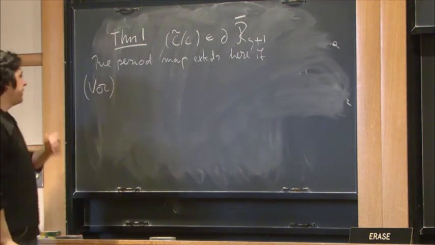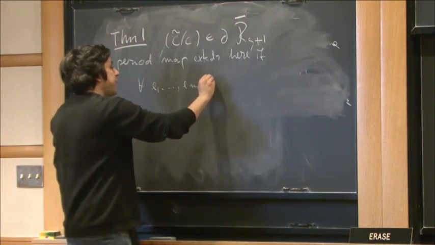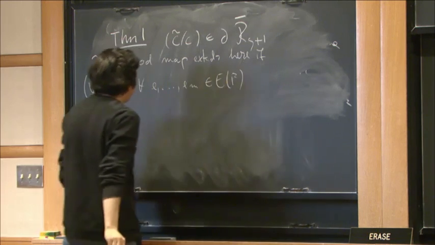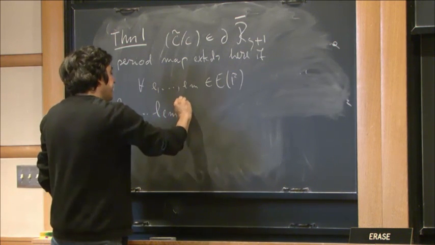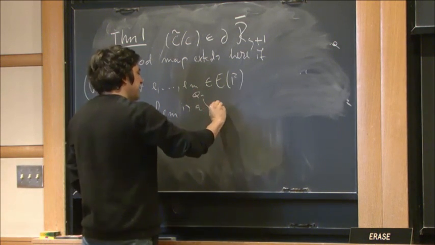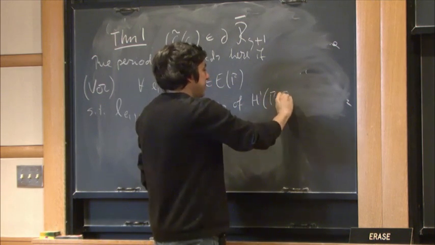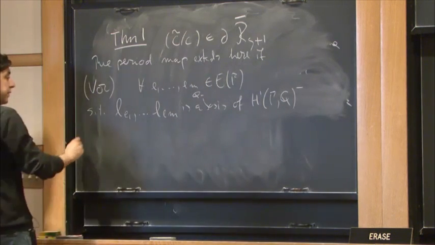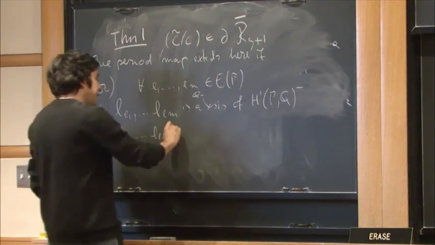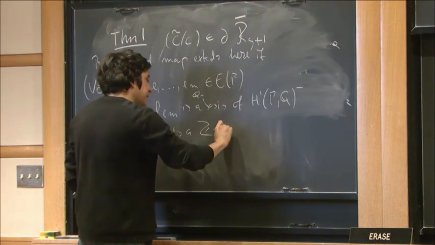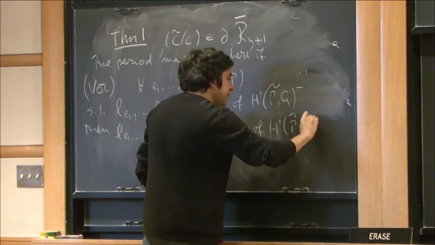In the Voronoi case it is very simple. Basically, for any collection E1 up to EM of edges in the dual graph of C, such that LE1, up to LEM is a Q basis of H1 gamma Q minus, then LE1 up to LEM is a Z basis of H1 gamma tilde Z minus.